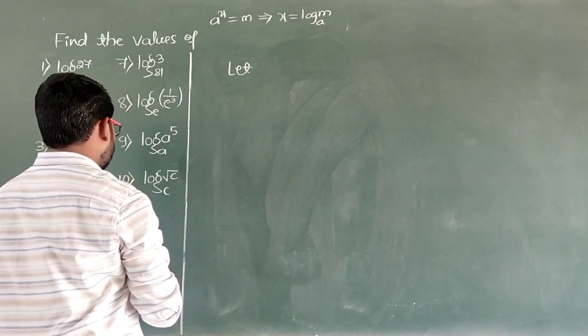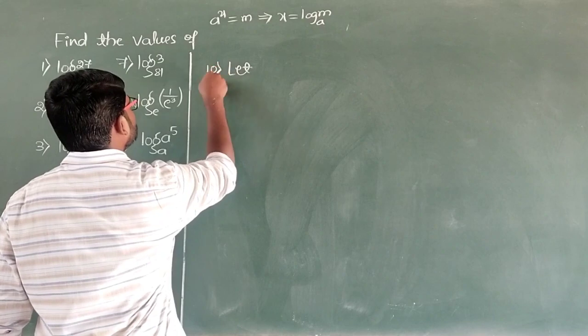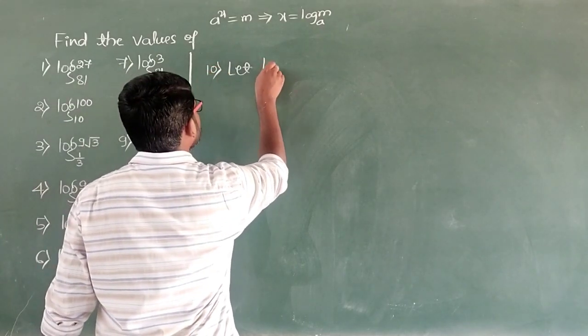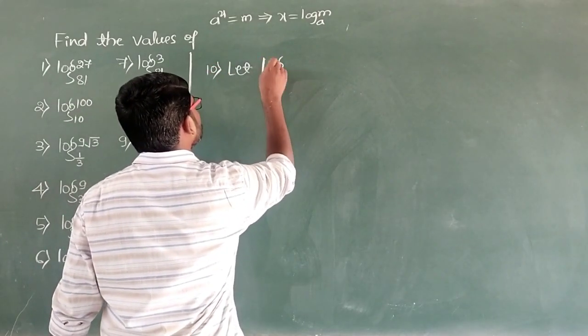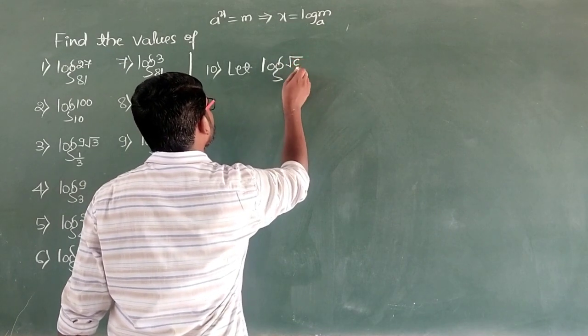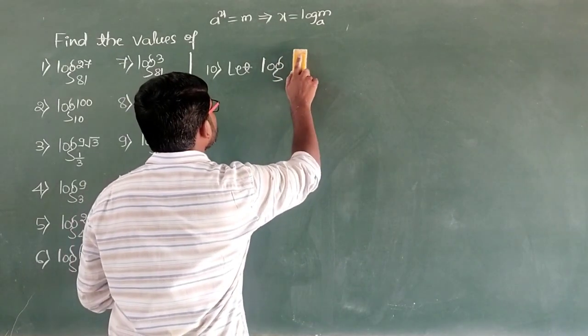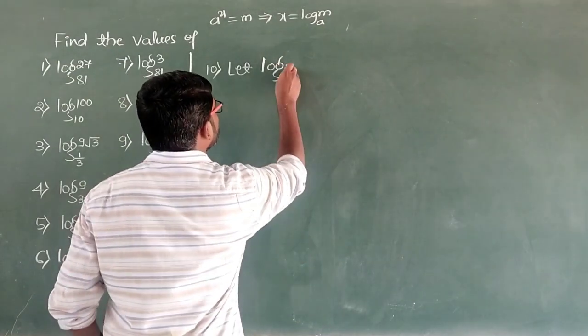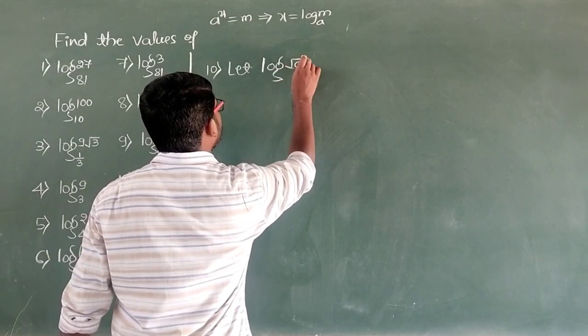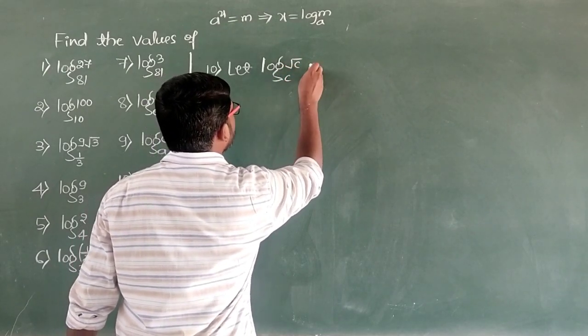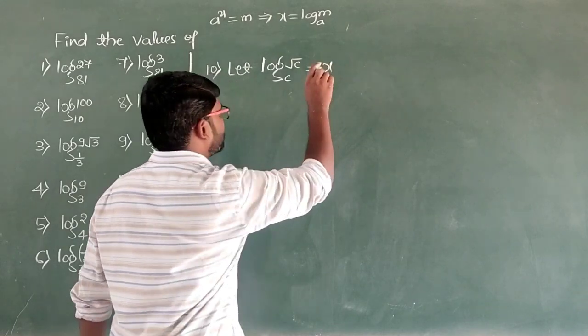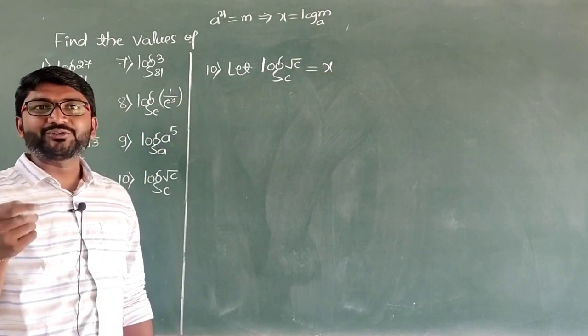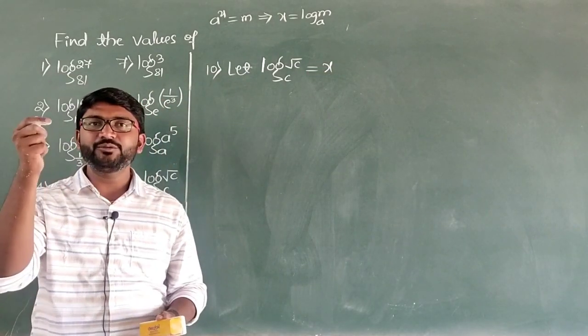So let us solve question number 10. Log square root of c to the base c. I will be taking this as x. Now how do you write root c? It can be written as c raised to 1 by 2.